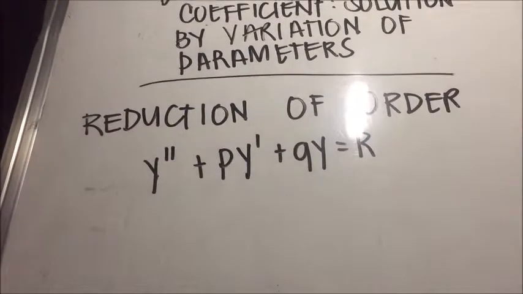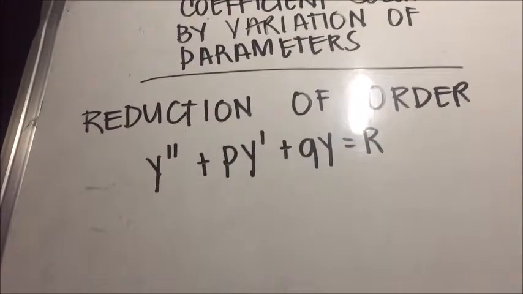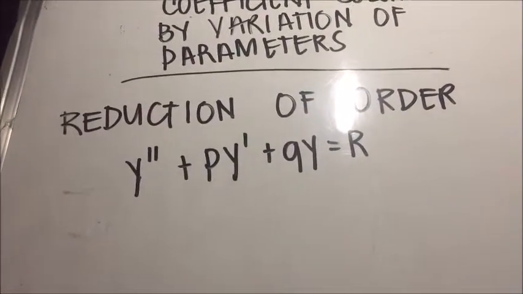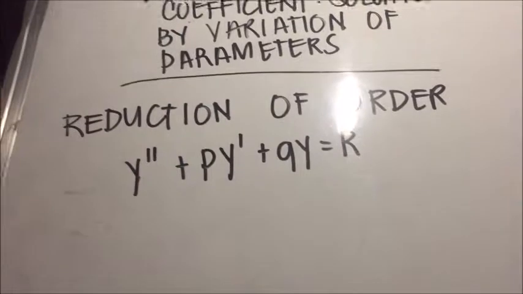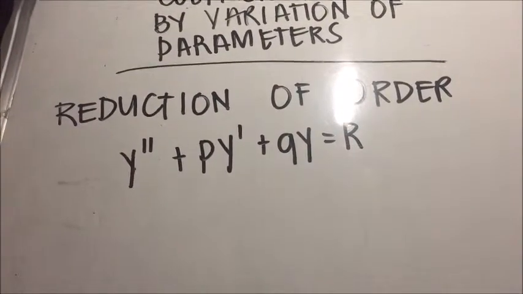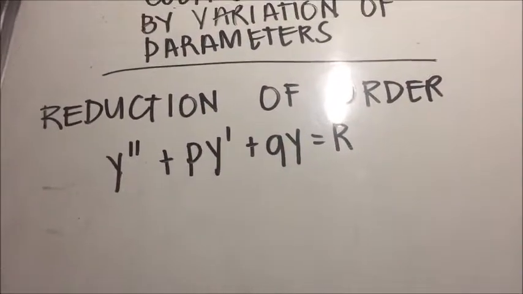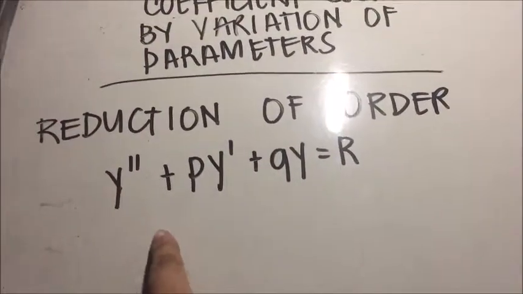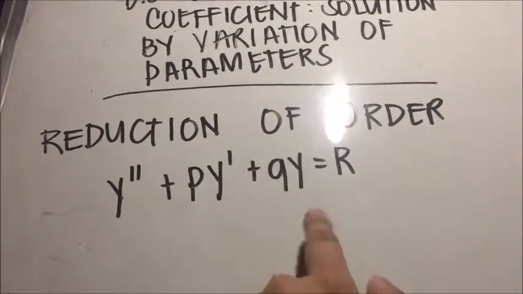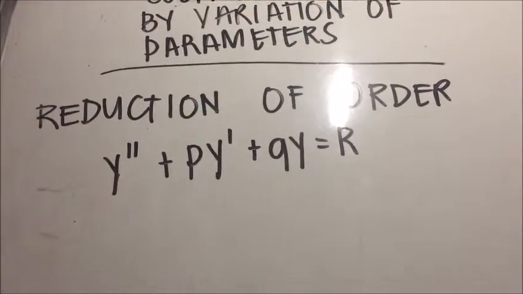Consider the general second-order linear equation y double prime plus p y prime plus q y is equal to r. Suppose that we know a solution y is equal to y1 of the corresponding homogeneous equation, y double prime plus p y prime plus q y is equal to 0.